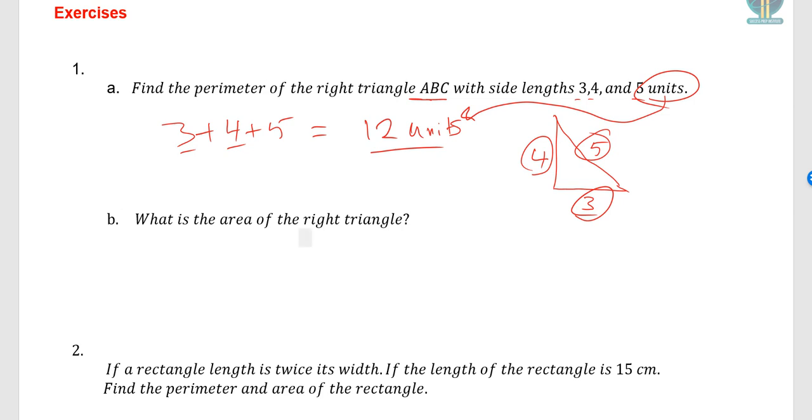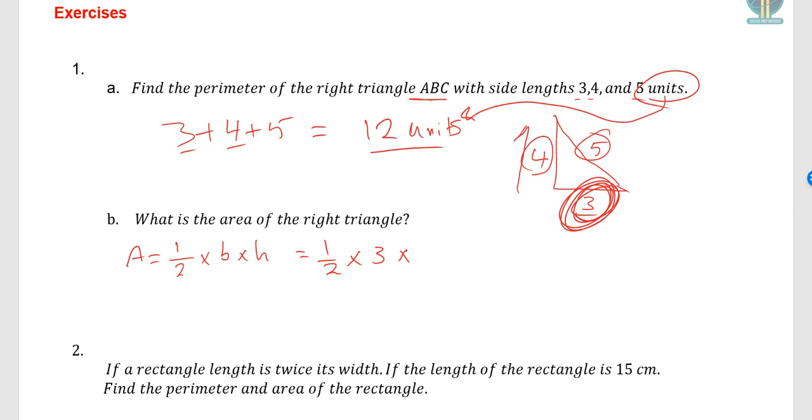What is the area of the right triangle? So area, we said, was equal to half times base times height. In this case, the base is 3, since it's resting on the side that has length of 3. Half times base times height, and the height is 4.